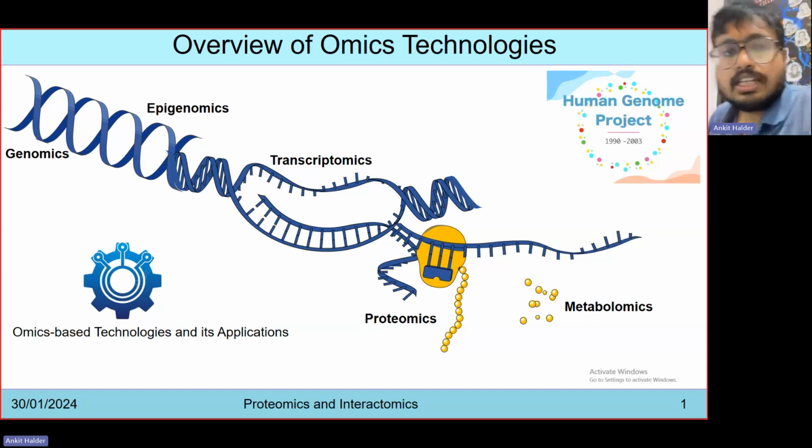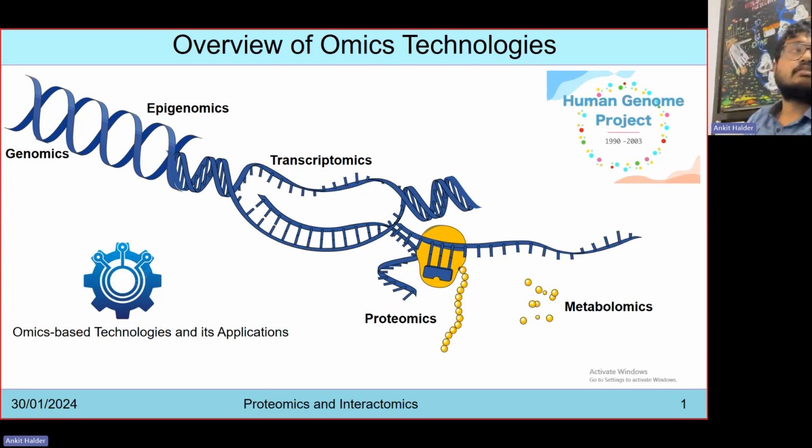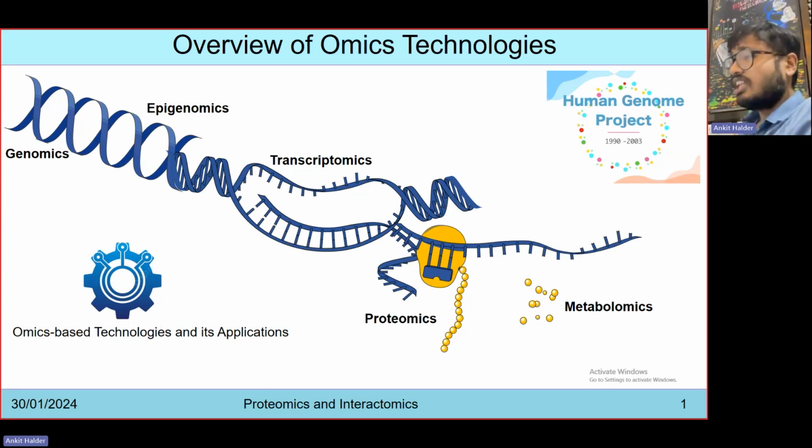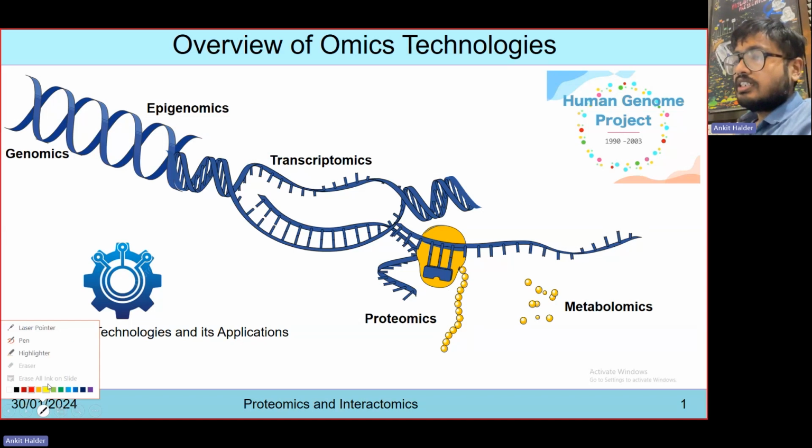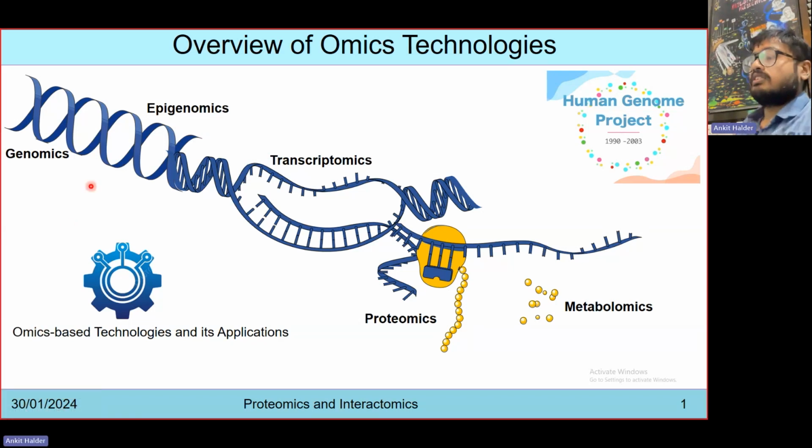To understand it, we can look at the central dogma and how things have evolved, right from the genes to the genomes, then the DNA gets transcribed to RNA, then finally we get the proteins, and then finally we get the metabolites.